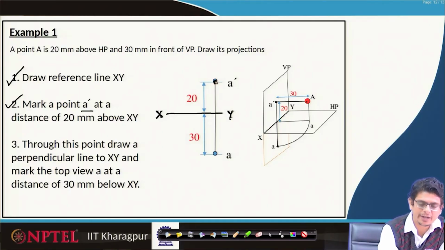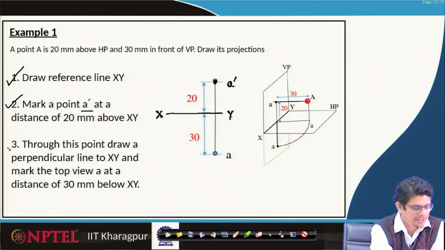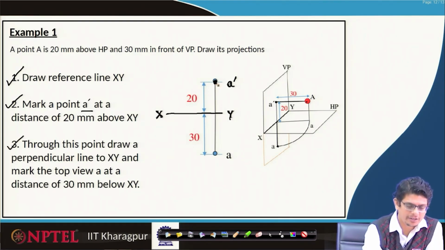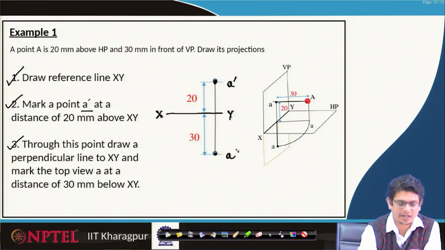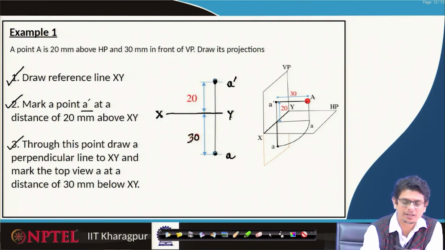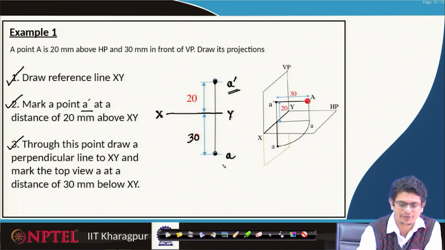So, at 20 mm height we mark A prime above xy, we are in the first quadrant. Then through this point draw a perpendicular line to xy and mark the top view A at a distance 30 mm below it. Once we are done, this A prime is the front view, A is the top view we will get.